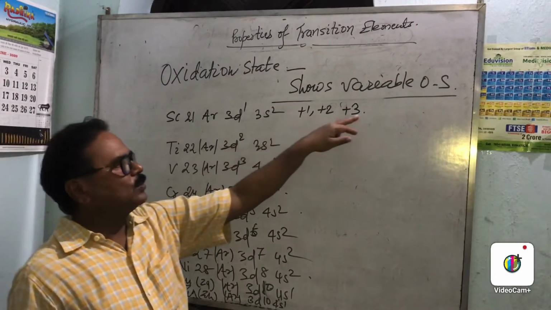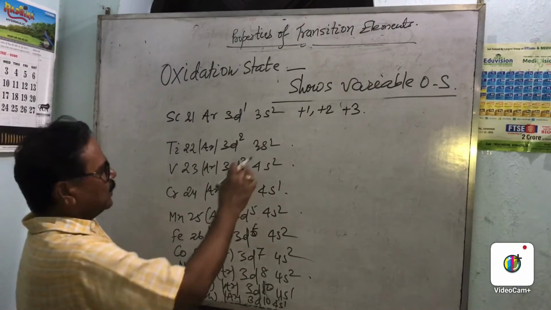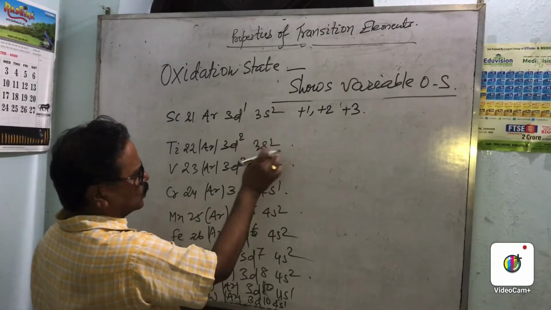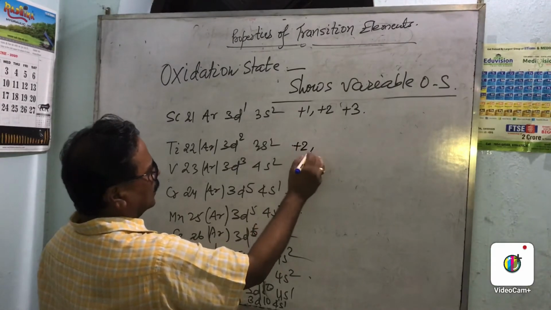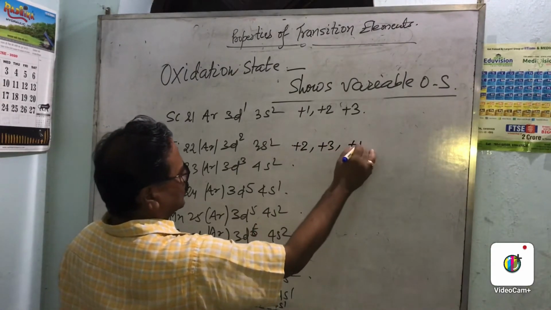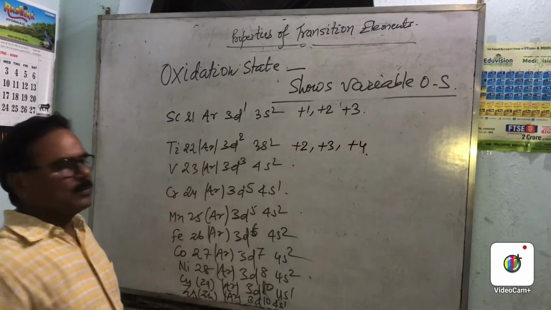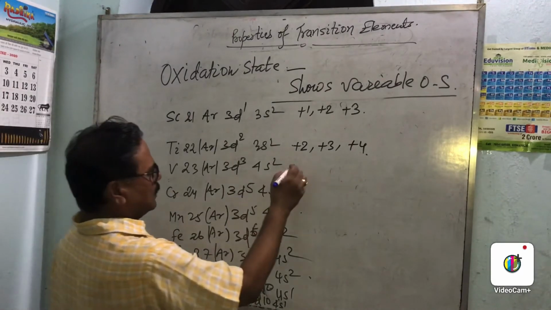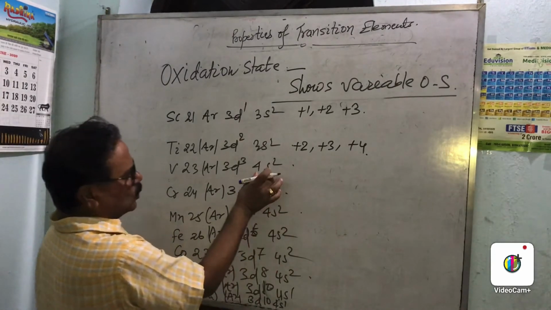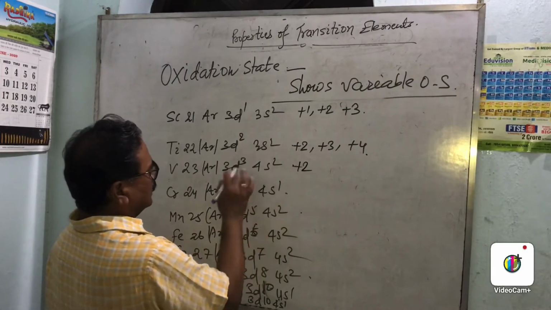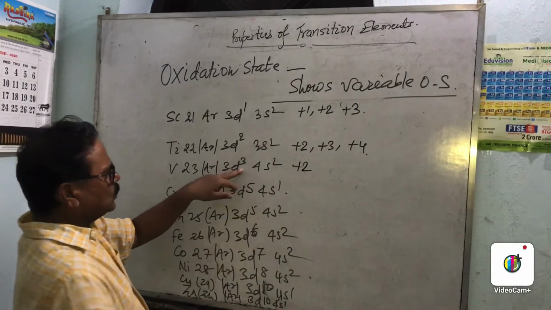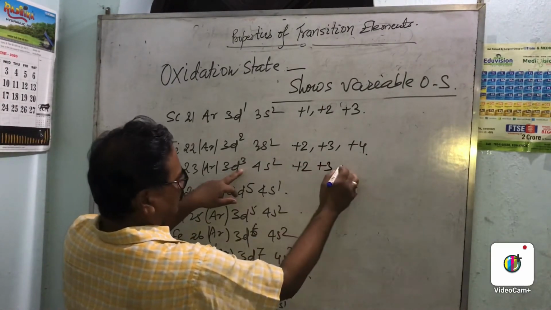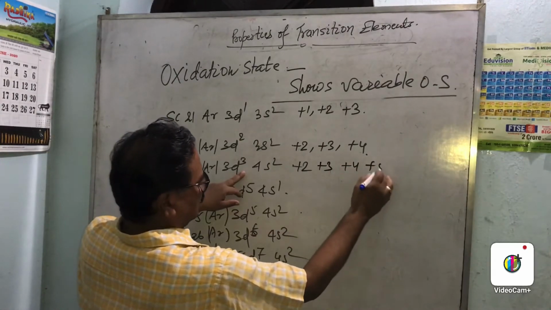So +1, +2, +3. Now here, if again due to both s electrons, +2, then +3, then +4. So for titanium, what will be the oxidation state? That we'll discuss later. Due to both electrons +2, then +2, +3, +4 and +5.